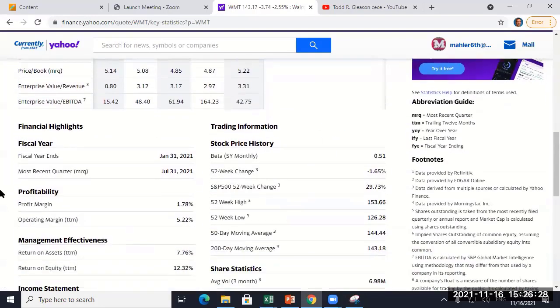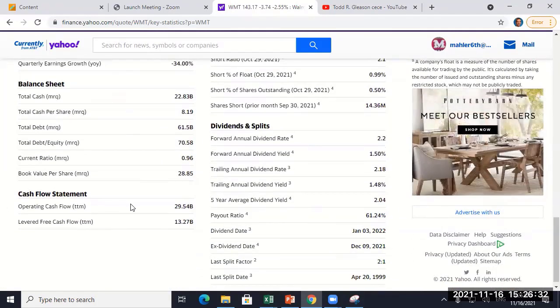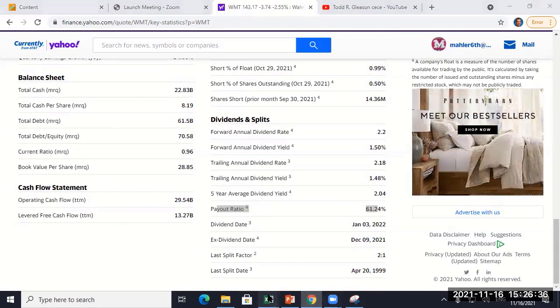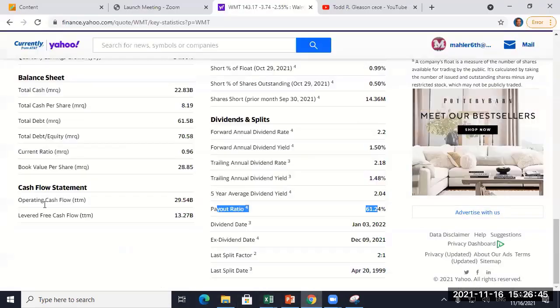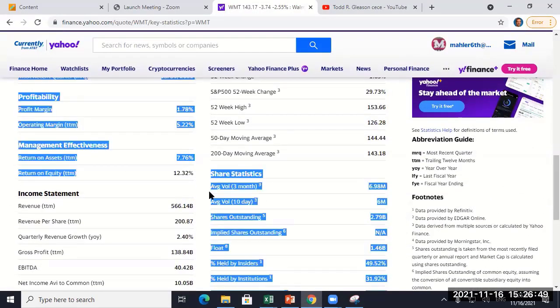So under statistics, you come down and you find, here's the payout ratio right here, 61.24%. And then the return on equity is right here, 12.32%.